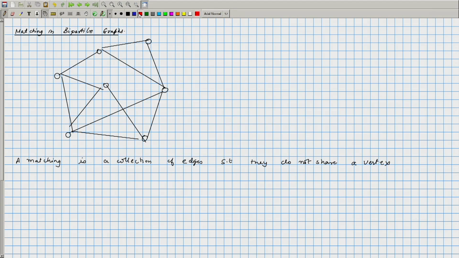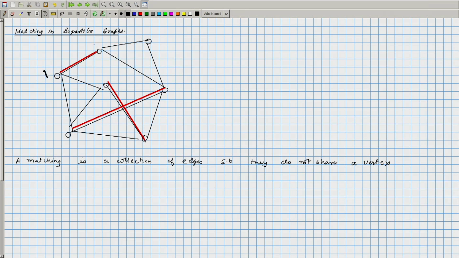So, the red colored edges will basically form a matching, that is an example of a matching. I have drawn 3 red edges in this graph and this forms a matching.